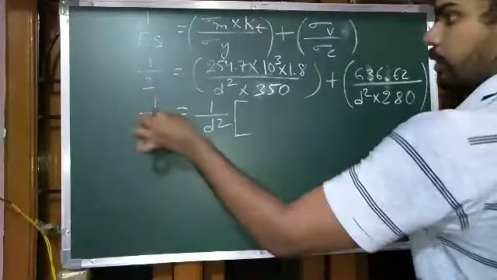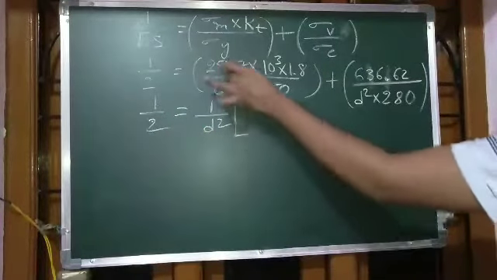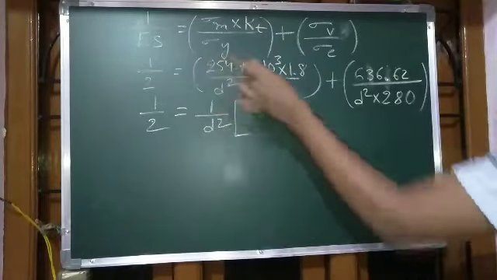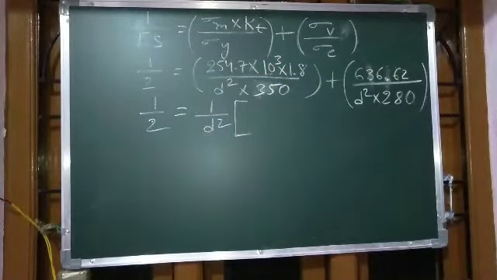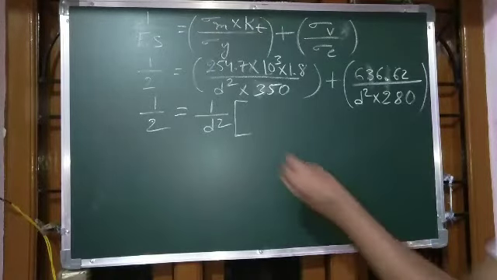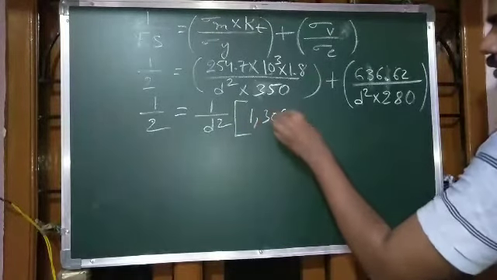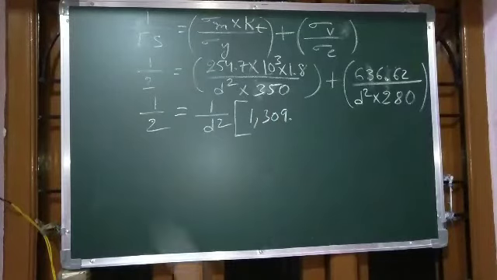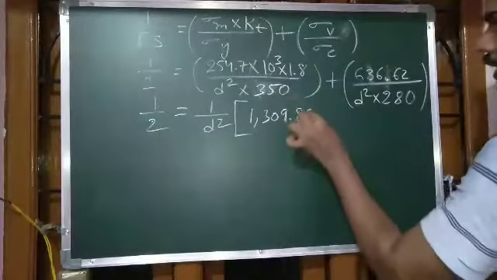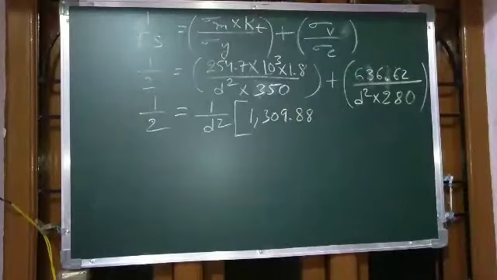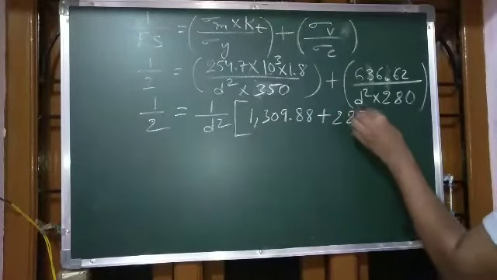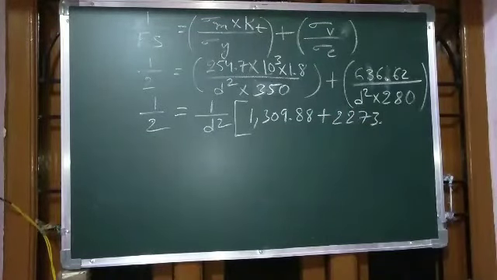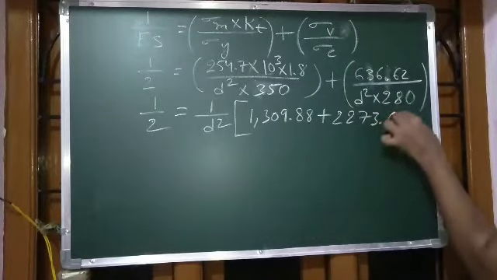Again 1 by 2. Now calculate these equations using a calculator, then the values of these two terms are 1309.88 and 2273.64.